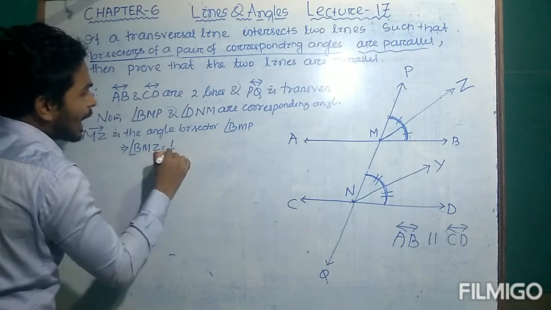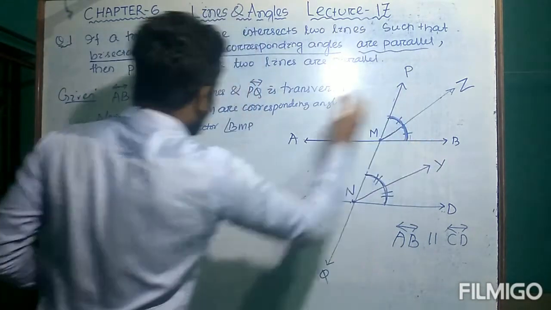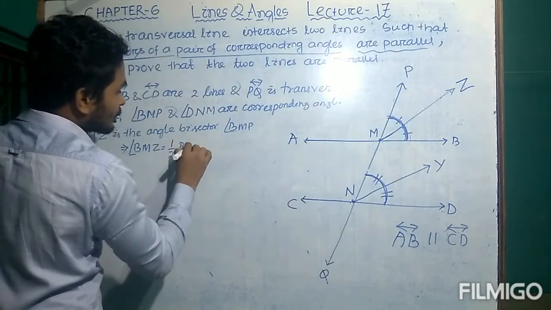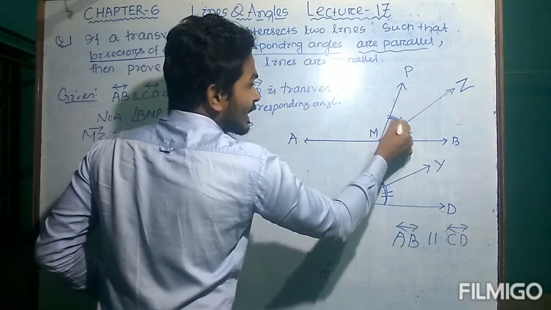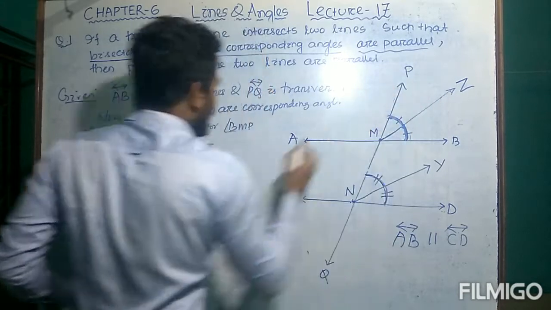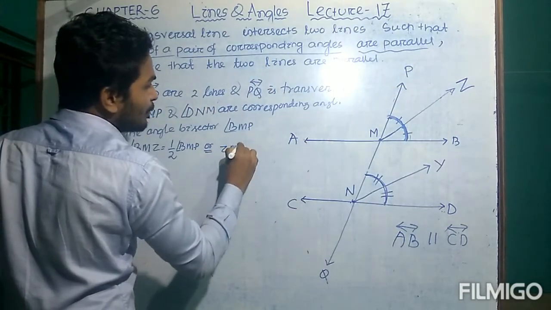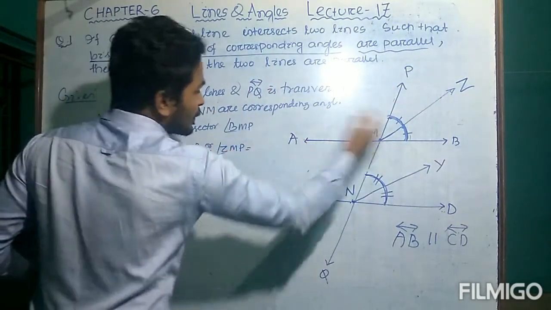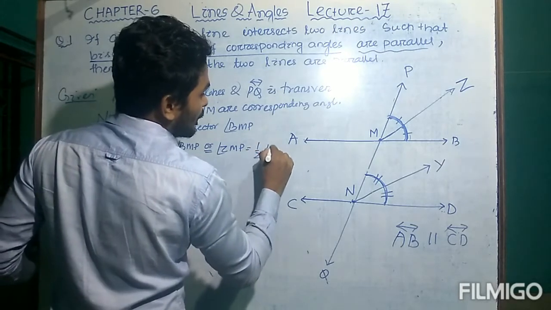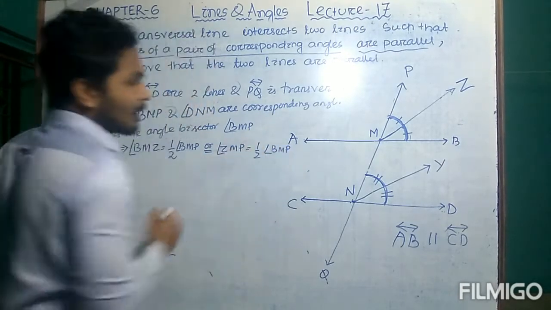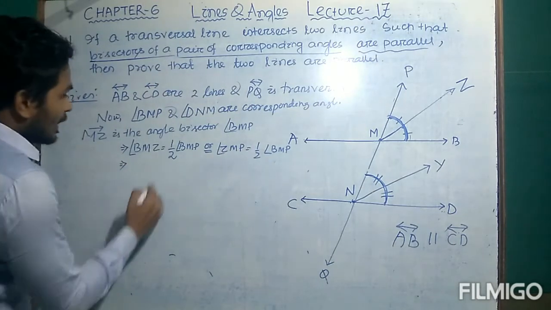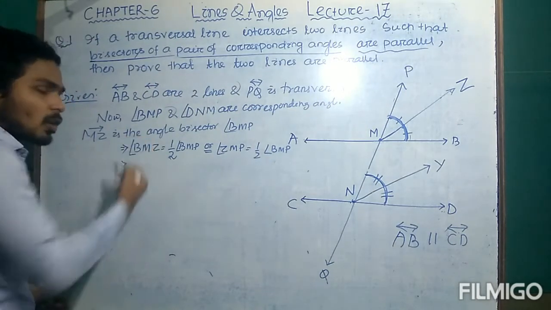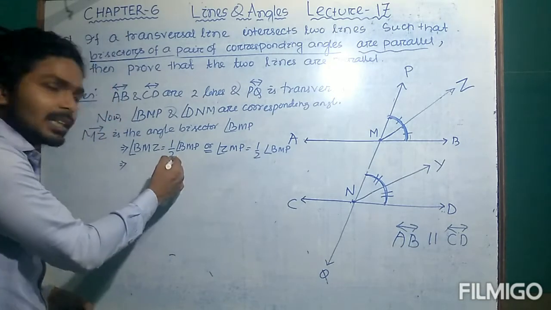is equal to half of the total angle BMP, or this angle ZMP is equal to half of the total angle BMP. Understood? Next, here these two can be cross multiplied. Here 2 is in the denominator.